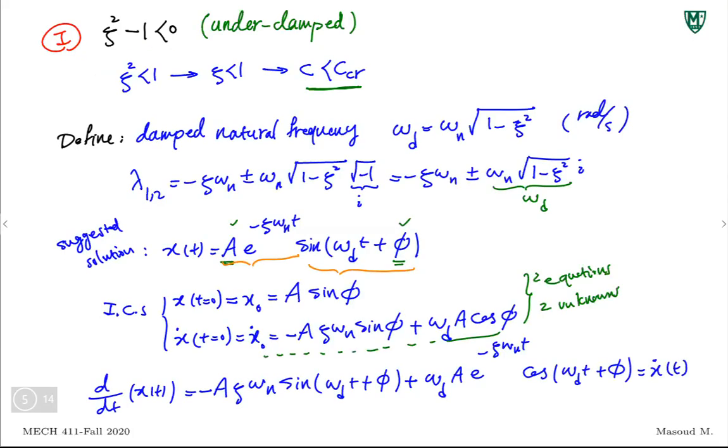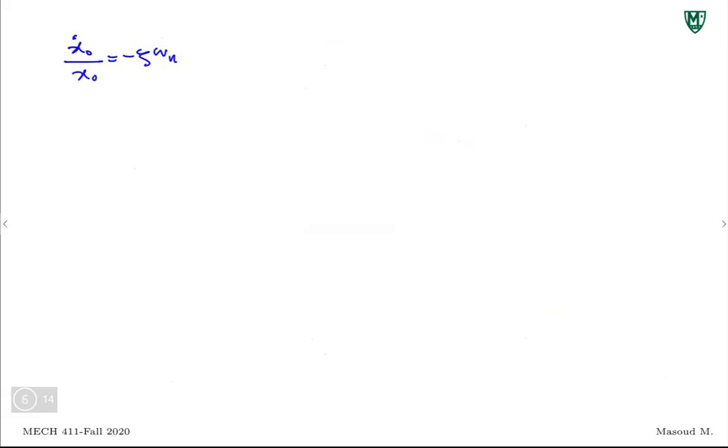And the second element divided by A sine phi, the A cancels. We're going to get omega d cosine over sine, which I write as cot, the 1 over tangent, cotangent. So now you see I got rid of A by doing this.